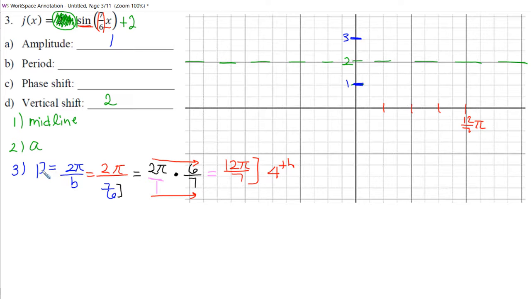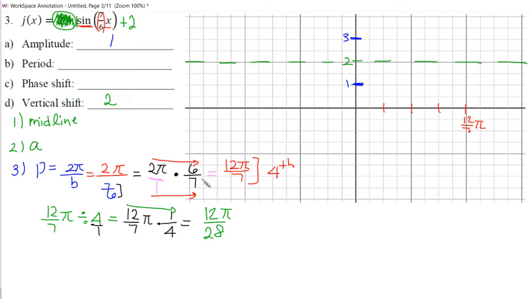And then we're going to divide the period, which is 12 over 7 pi, into 4 portions. So it's keep the first one, change the sign to multiply, and then flip this one, which will be just 1 over 4. Then we multiply straight across, which is 12 pi over 28.